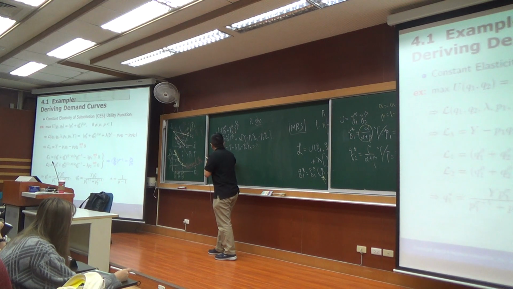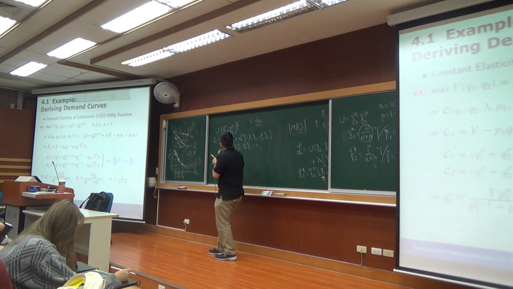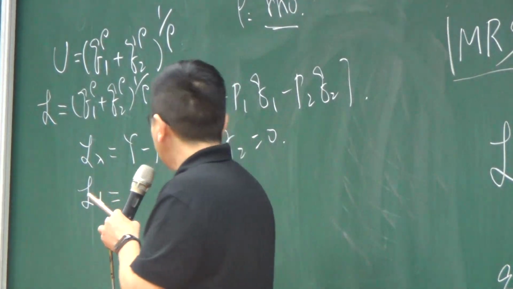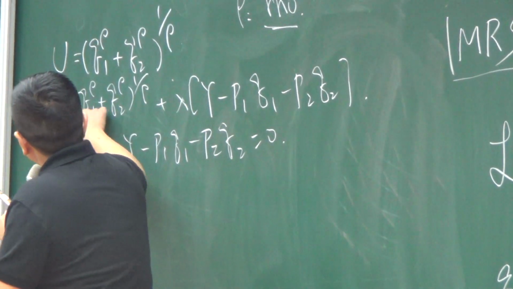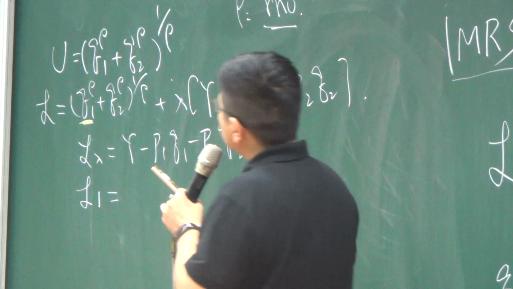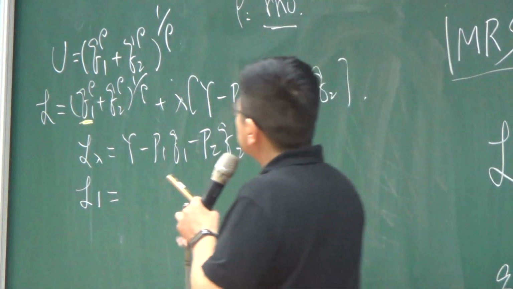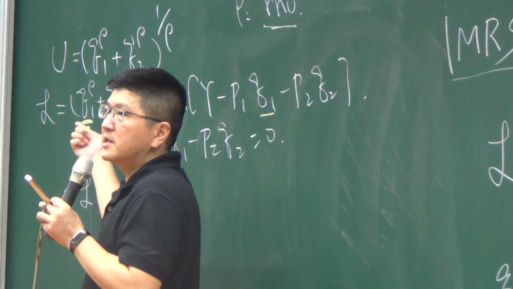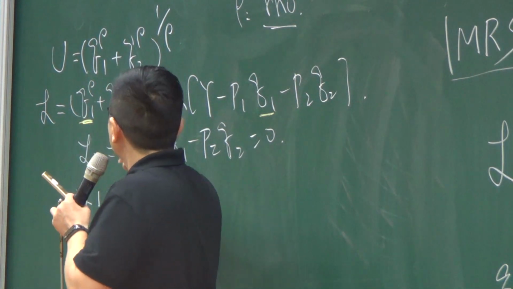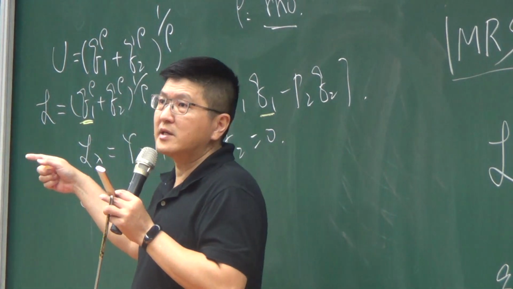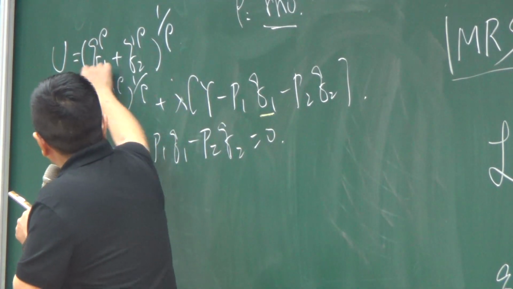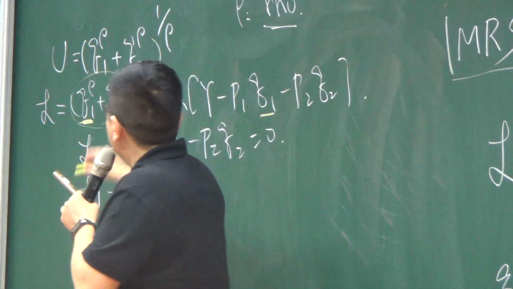And for Lagrange with respect to Q1, we have Q1 here, right? And we have another Q1 here. So how do we do the differentiation? It's a chain rule, right? We differentiate this term first, and then this term.